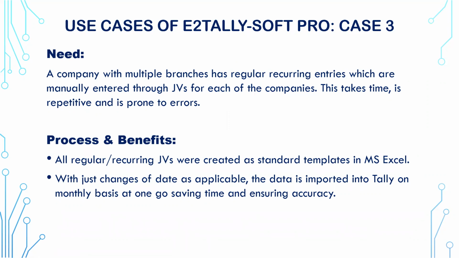Whereas manually, it would have taken probably about 4 to 6 hours to prepare the JVs and also import. Because you have the data in a standard template, and most of the expenses and amounts are common, the same template can be repeatedly used multiple times, making only the required changes, and input happens quite quickly.